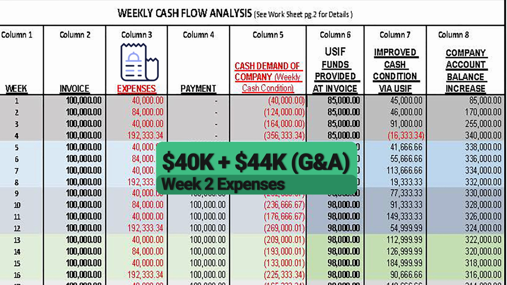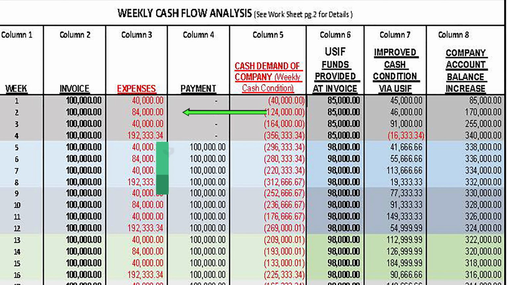Its obligation at that moment is $84,000 for this week. And it produces another invoice for $100,000, which is to be paid in 30 days. Please note column 5. The company is now out $124,000. Week 3. Now the company must make payroll again, and it produces another invoice.